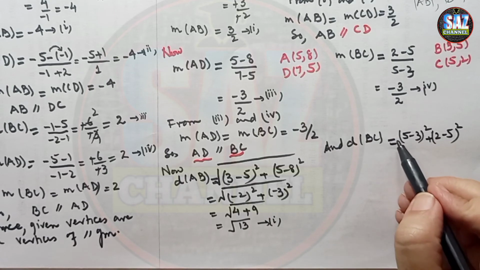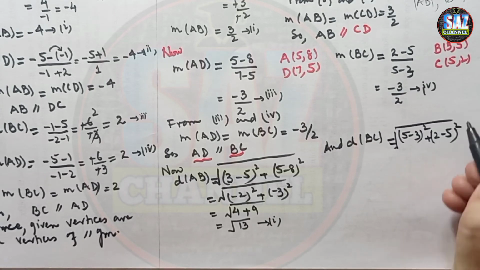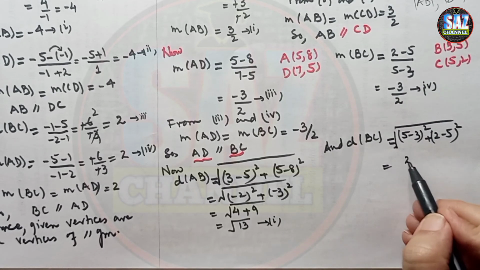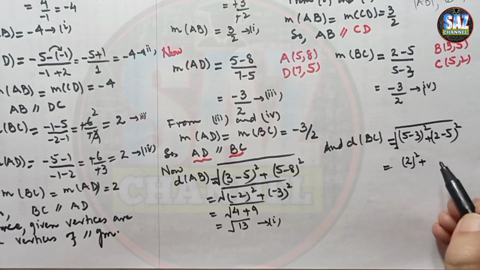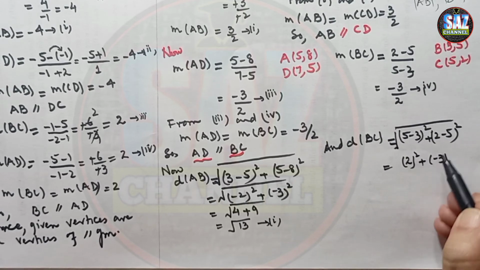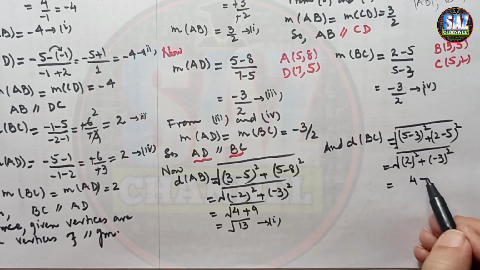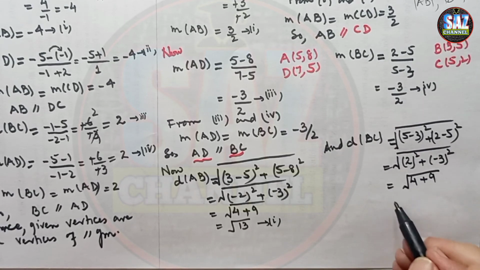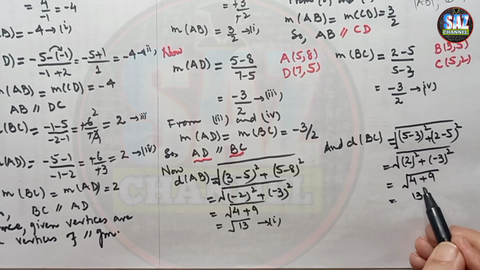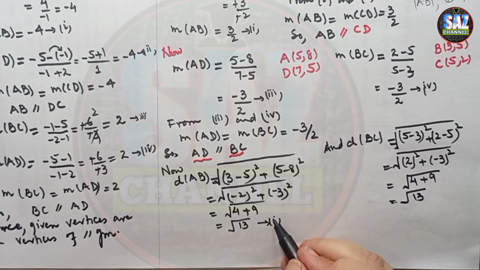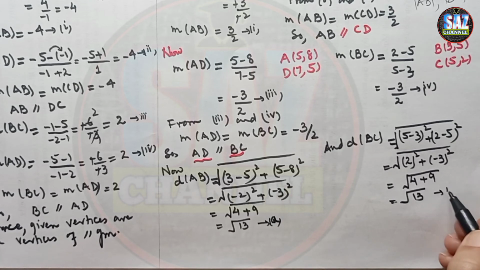This will give me 5 minus 3 is 2 squared plus 2 minus 5 is minus 3 squared, which is equal to 4 plus 9, which is equal to root 13. Okay, let it be A, and this is B.